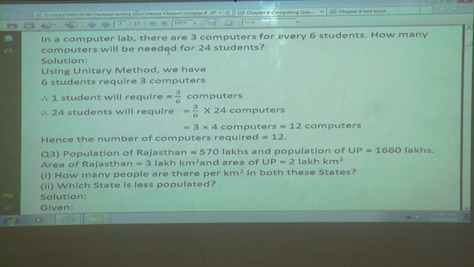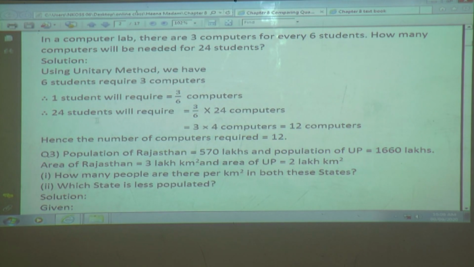We can use the unitary method and find out. So by using the unitary method, 6 students require 3 computers. Therefore, 1 student will require 3 upon 6 computer.